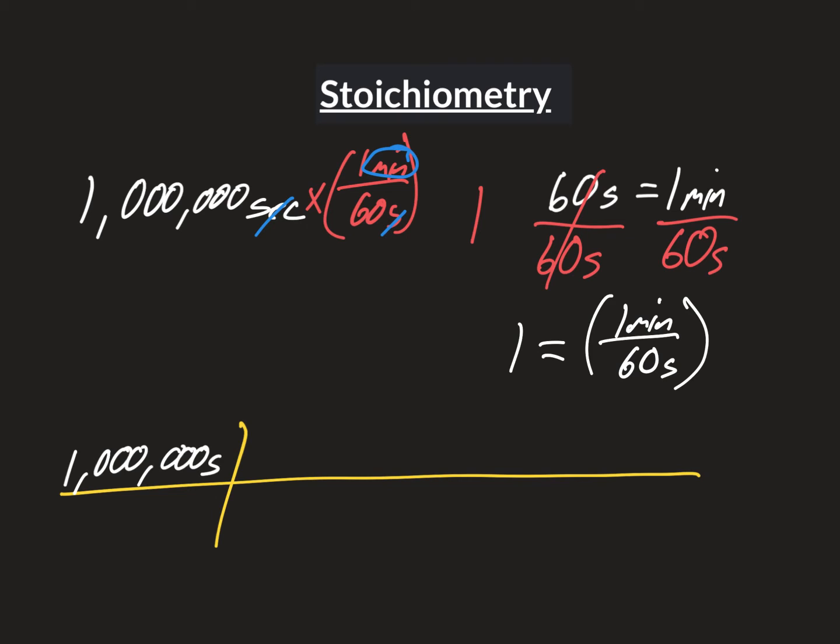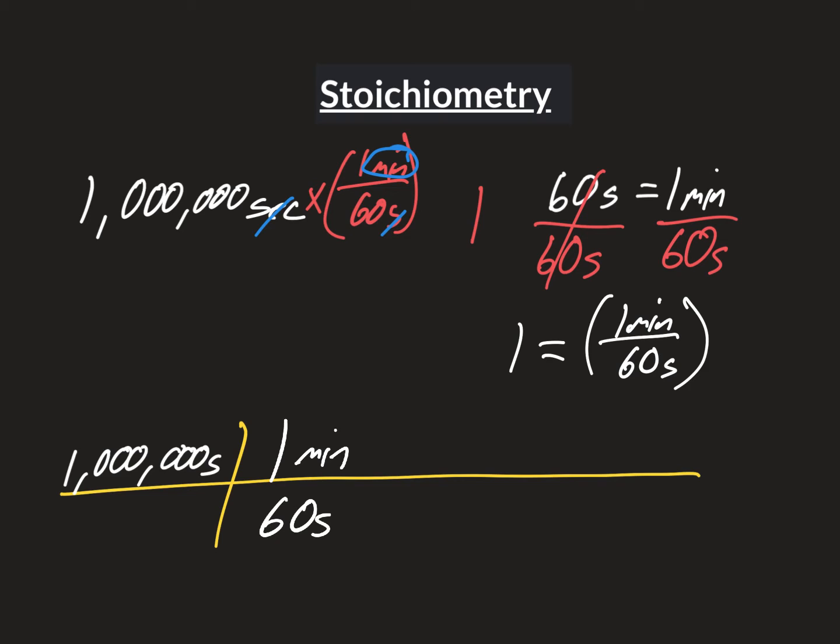And you're going to set things up with these same equivalent statements. And basically, whatever unit you have on the top, you're going to make it be on the bottom. So in this case, we have seconds on the top, so we know that we want that 60 seconds in 1 minute. And so I have my seconds on the bottom.